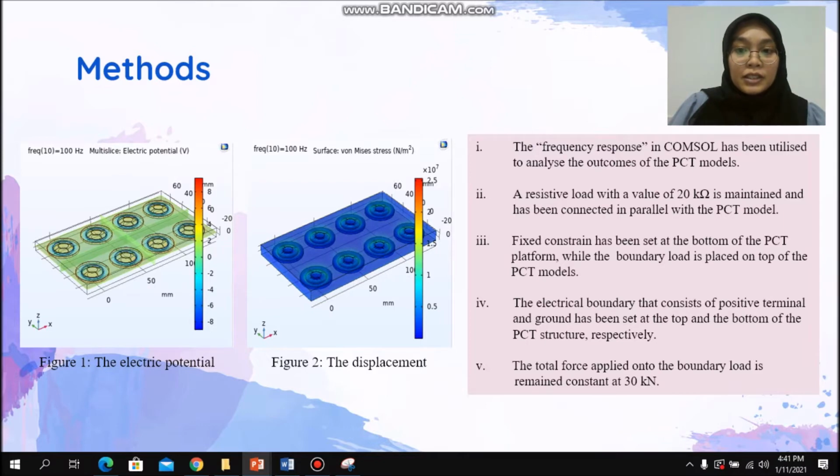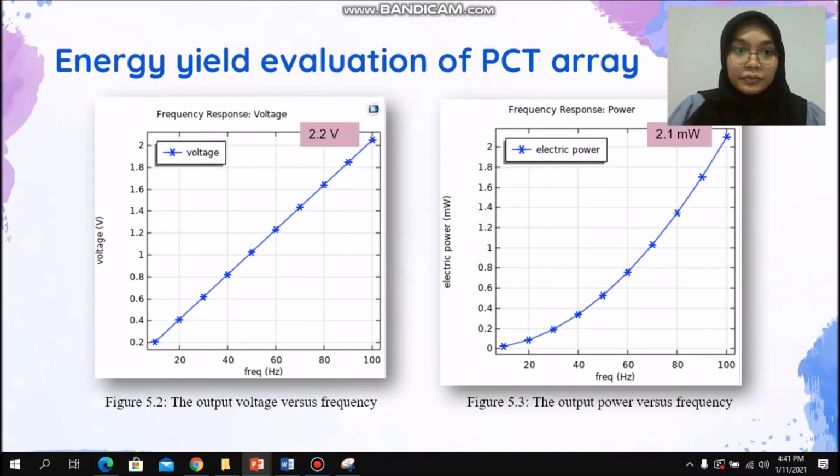The electrical boundary, which consists of positive and negative terminals, was set on top and at the bottom of each PCT structure, and the total force applied onto the PCT model was maintained at 30 kN. This represents the lorry load of a single tire.